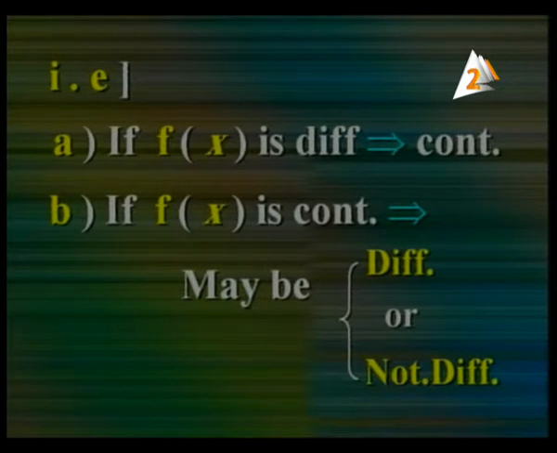Remember, dear student, if f of x is differentiable at point x equals a, then the function is continuous at point x equals a. If f of x is continuous, it may be differentiable at x equals a or not differentiable at x equals a. We must prove that if f of x is differentiable, then f of x is continuous.